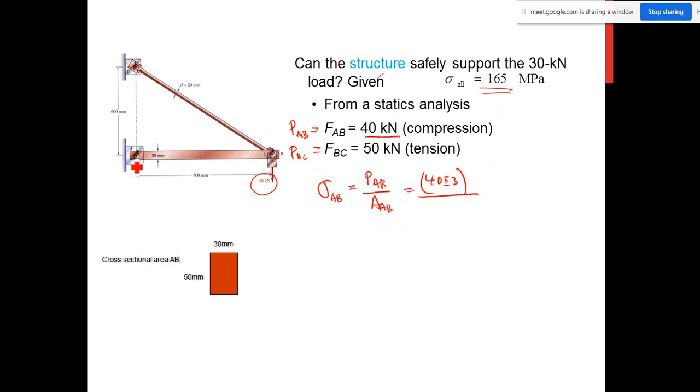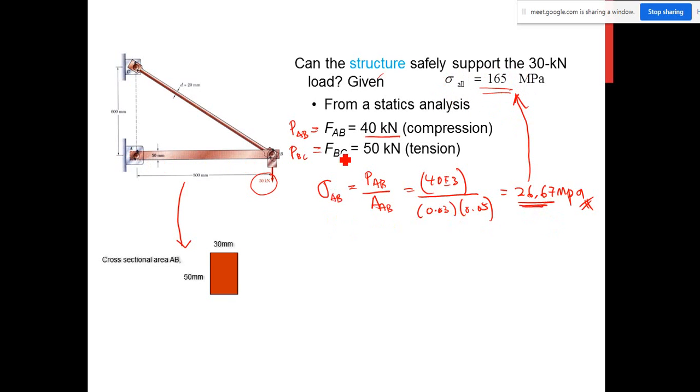The area for AB is given here, which is 0.03 times 0.05. So you get 26.67 megapascal. From here, the stress in member AB is 26.67, meaning AB is safe. If you compare with the allowable, the stress in AB is only 26, and the allowable is 165.